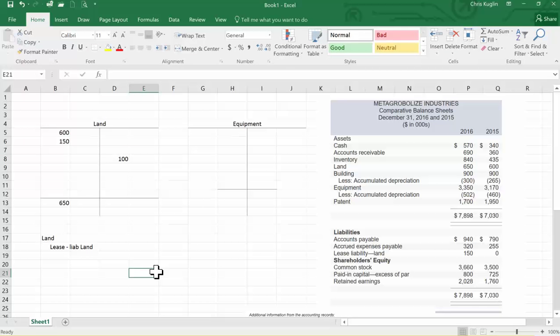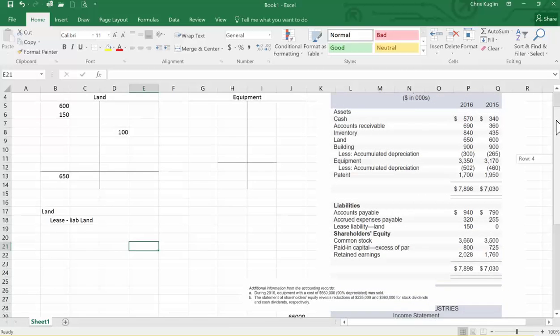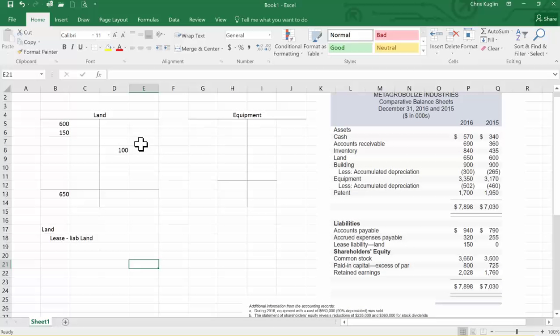So that decrease in land gives us the historical cost of the land that was written off our books. And we do know that land was written off the books because we said we had a gain in land of 75. So was that gain included in the 100 that was written off our books? The answer is no, because we know that the amount written off the books was at the historical cost.